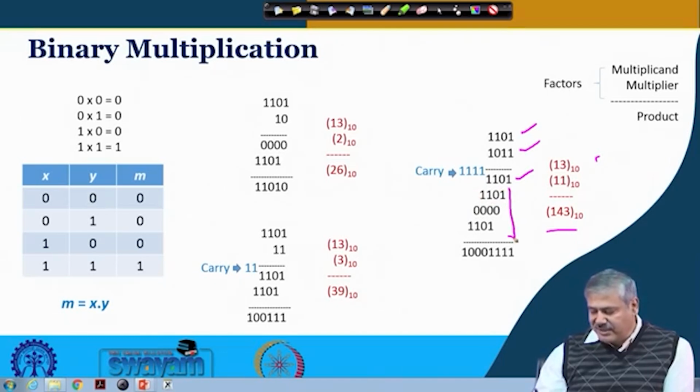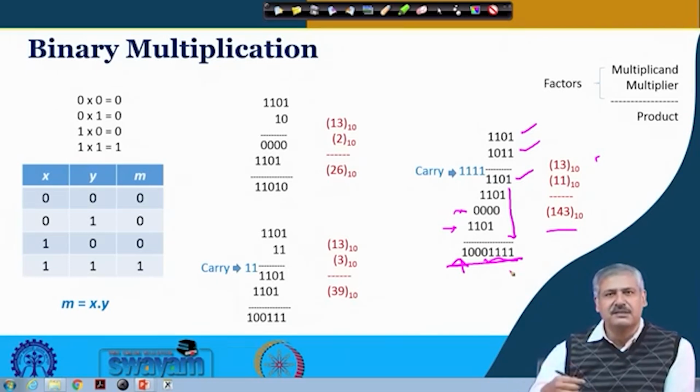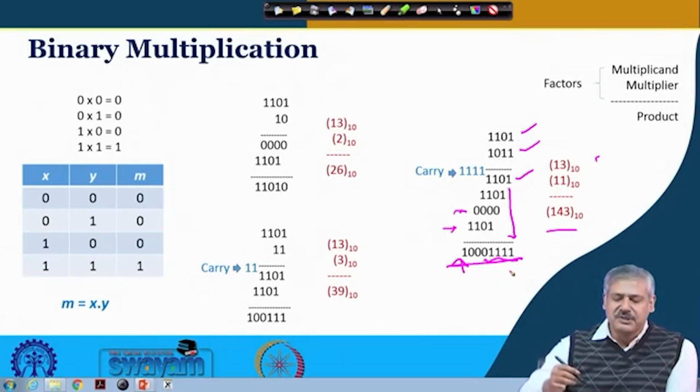So this 1 will directly come here, then 0 is multiplied, so all 0, then finally 1 1 0 1. Then you do the adding, and if you perform that, you will see that it comes this way. This is 128, and these 4 ones are 15, so 143. Is it okay? We have understood how binary multiplication is done in reference to the decimal multiplication that we are already familiar with.